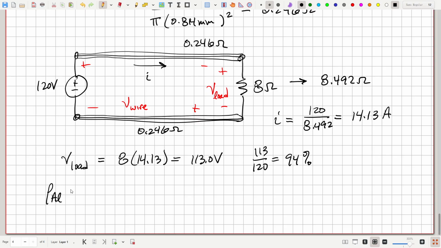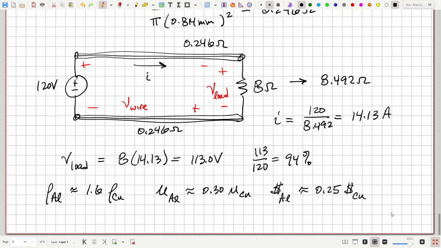So rho of aluminum is about 1.6 times rho of copper, about 60% more. But the density, kilograms per cubic meter, of aluminum is only about 30% of copper. So it's much lighter. And the price, let's do it as dollars, of aluminum is about 25% the cost per kilogram of copper.